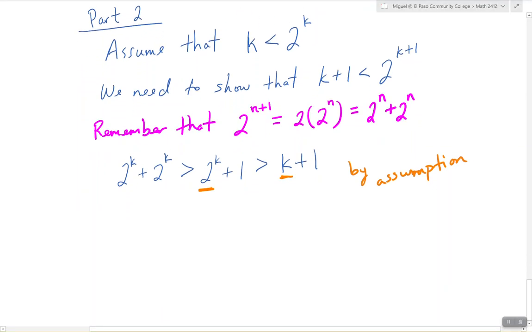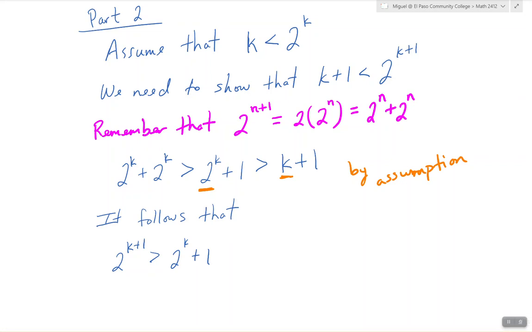Okay, so it follows that, let's start with 2 to the k plus 1. We know now that this is bigger than this. So 2 to the k plus 1, which is the same as this, is bigger than this, right? We already said that earlier. And we know that 2 to the k plus 1 is bigger than k plus 1.